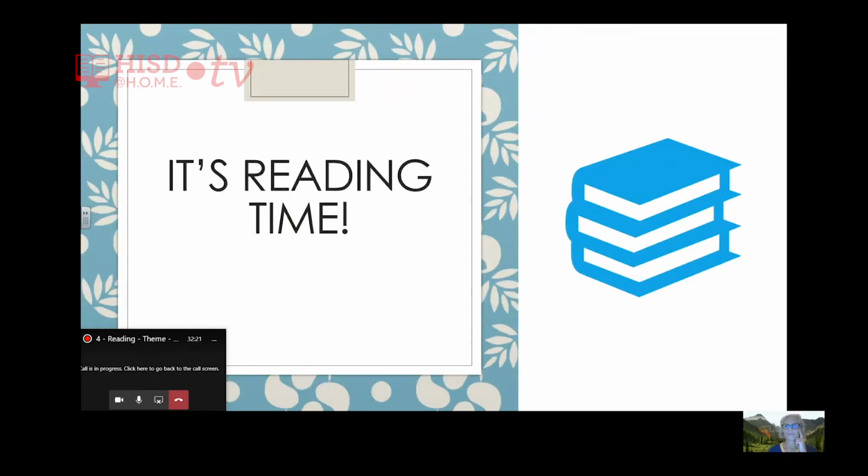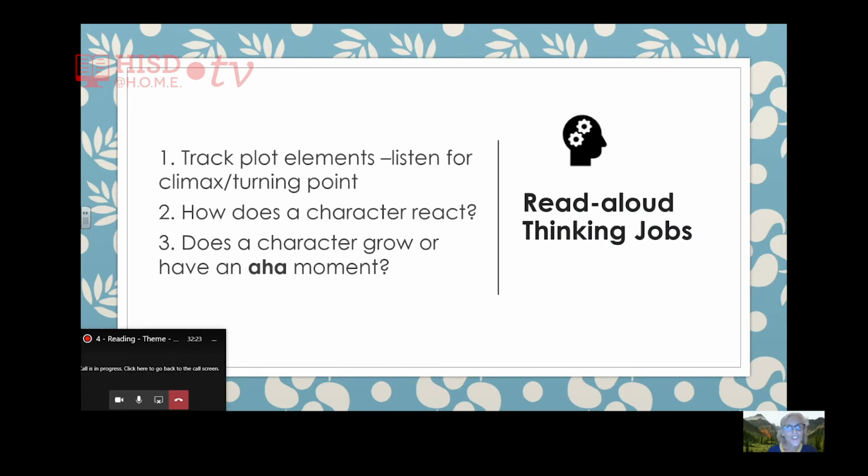It's reading time. Okay, so what I want you to do now is you have a thinking job. I want you to think about the plot elements that we talked about last time. You know, tensions building. You start off and then you've got the rising action because you have a conflict, builds and builds and builds and builds till you have a turning point, which is the climax. And then you go down the falling action.